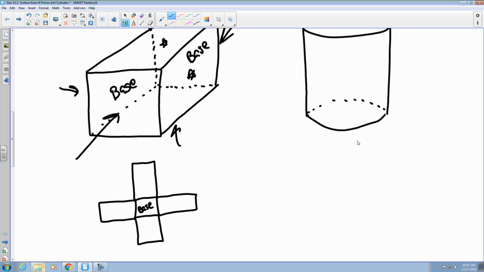Finally, to draw in that second base, you can choose any one of the four lateral faces to draw it off of. I'm just going to draw it off of this one here. I'll call this one the base. If you were to fold it like a box, this would be your two-dimensional representation.